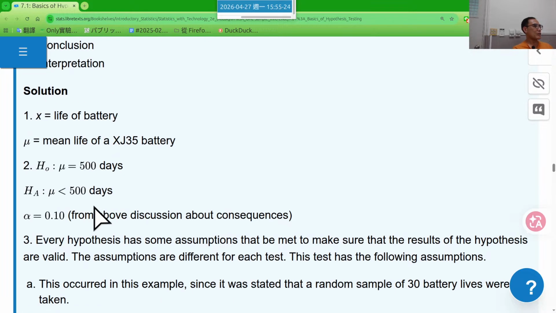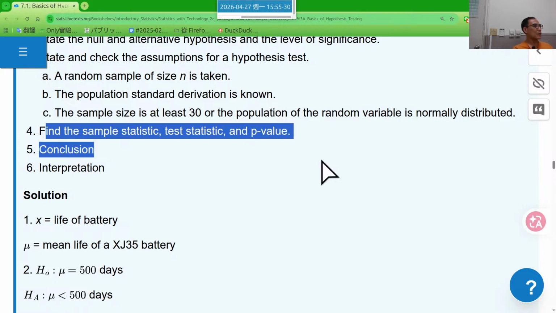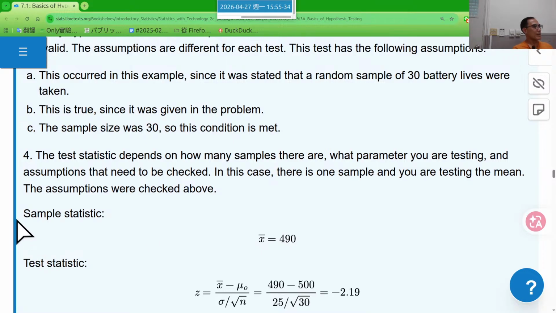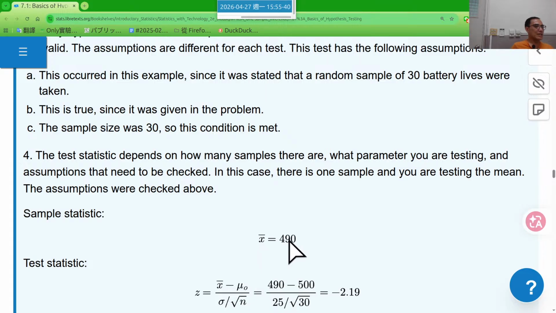Okay. Then question number 4. Find the sample statistic, test statistic, and p-value. Conclusion, interpretation. First one, sample statistic. We got 30 samples and the average is 490.